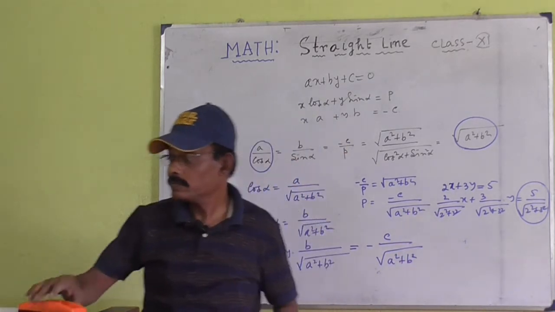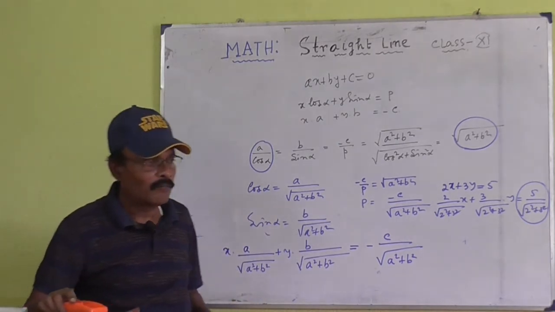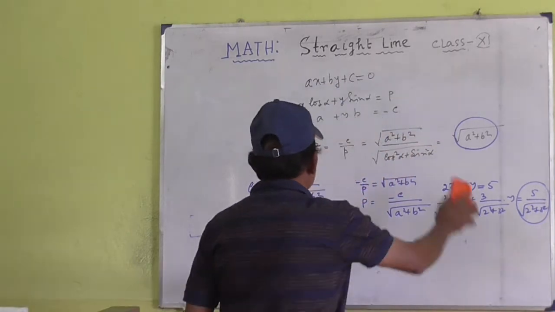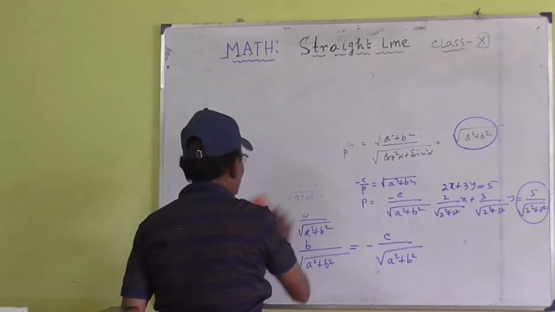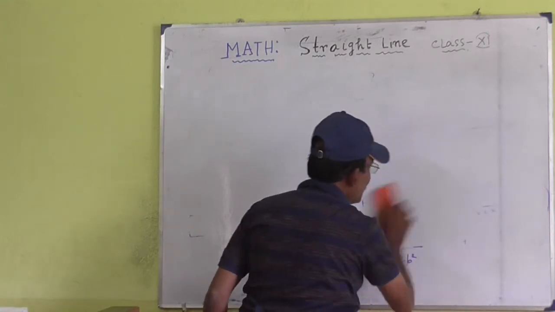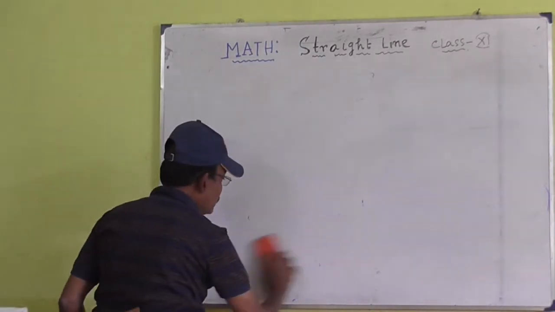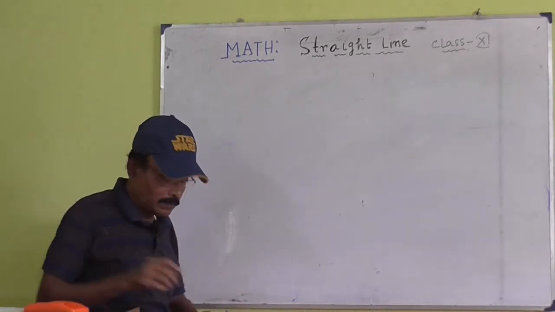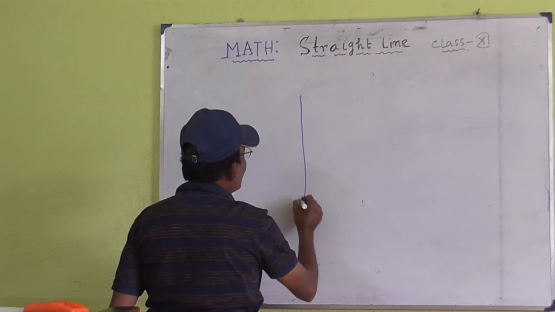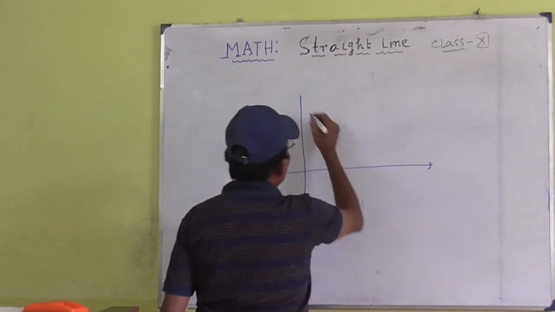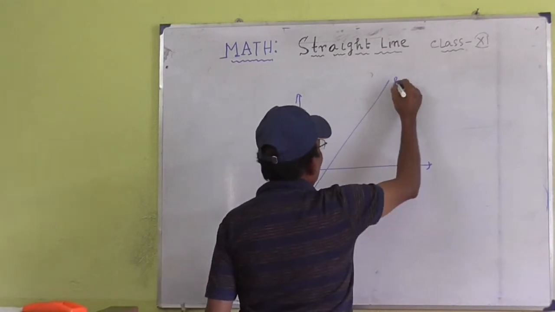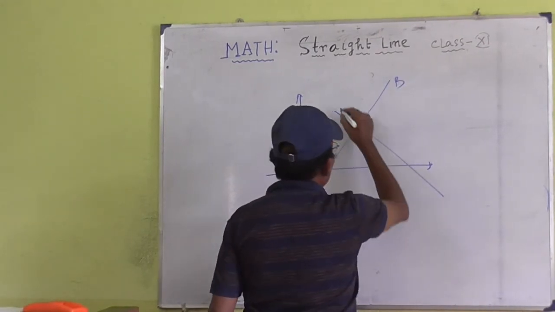Now, find the angle between two straight lines. Angle between two straight lines. Here, let us take this line AB and this line BC.